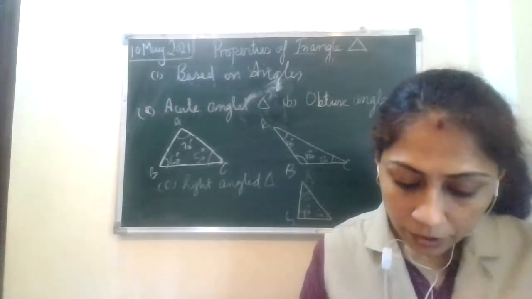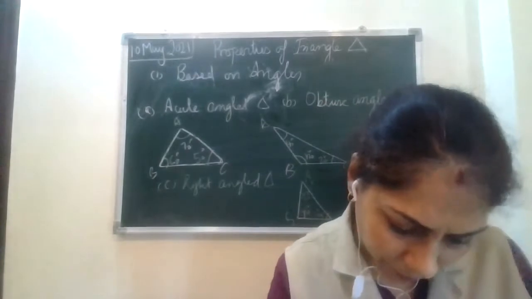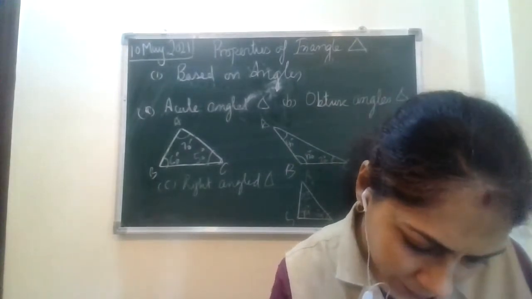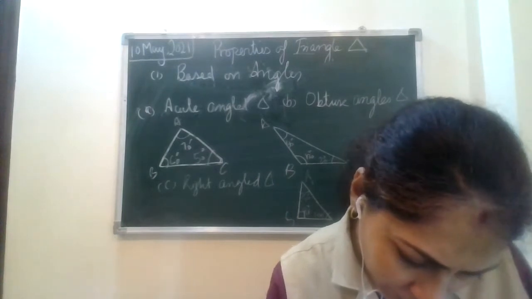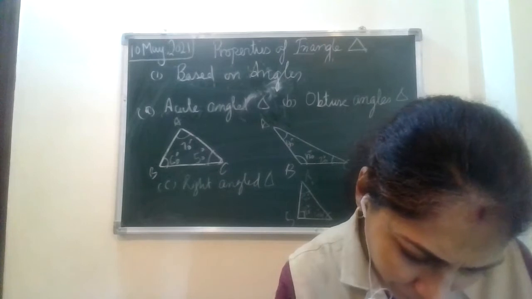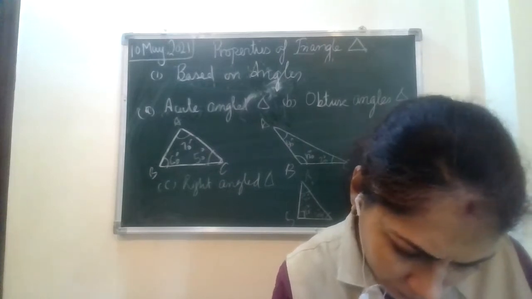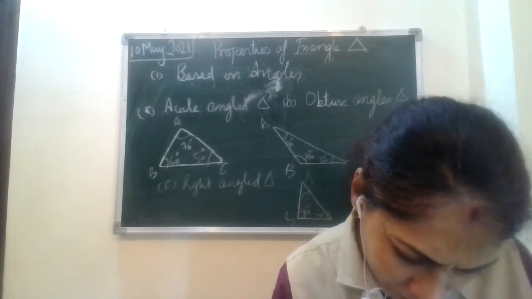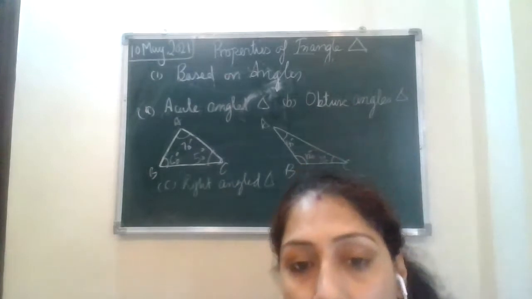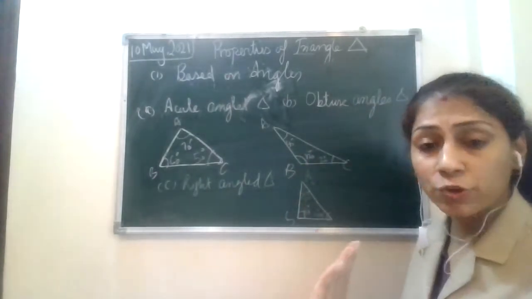Now moving on to the next, very important, these terms. Yes, the second property, this is the basics of triangle, which you have done till class 6, you know that.